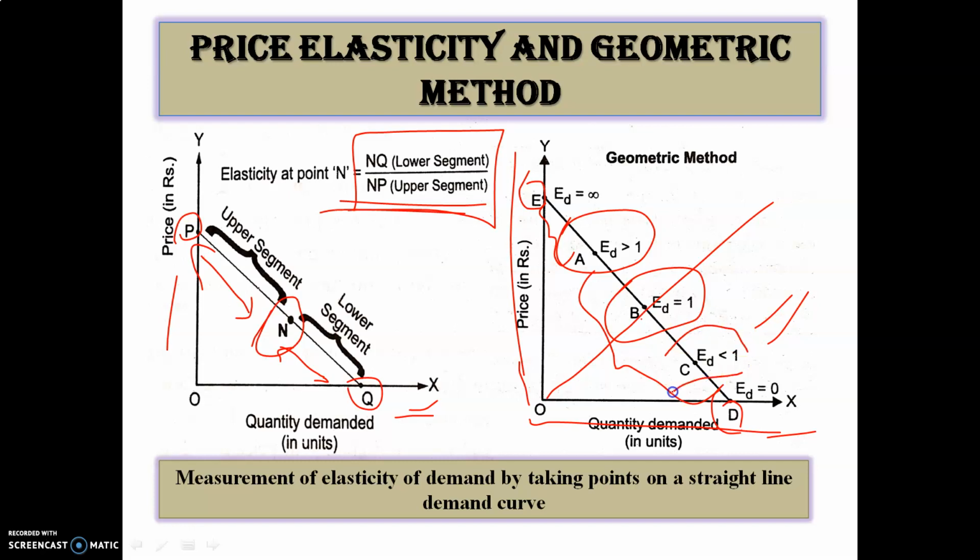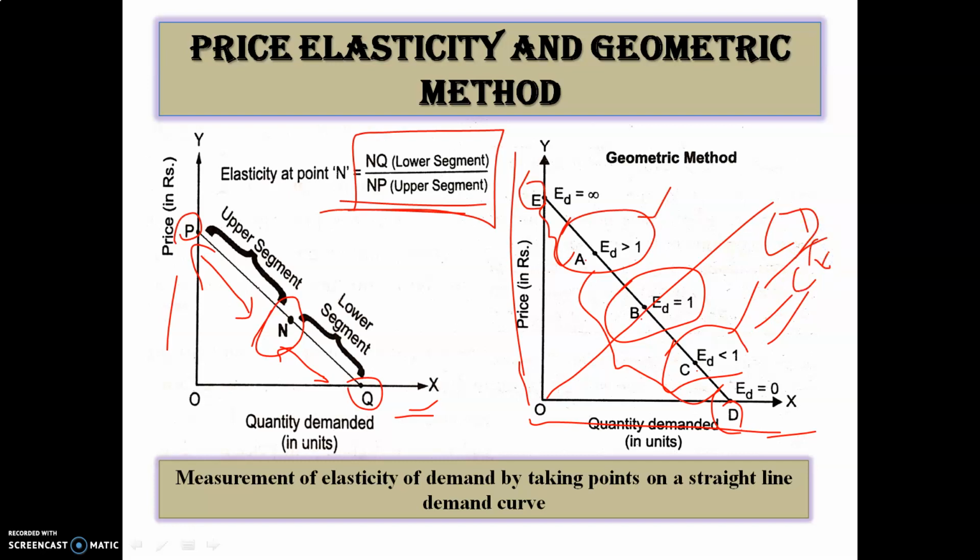Similarly, if you consider point C, the reverse will be the case, like point A. Point C will be the reverse of point A. See, in case of point C, what is the lower segment? That is denoted by CD. And what is the upper segment? That is denoted by CE.